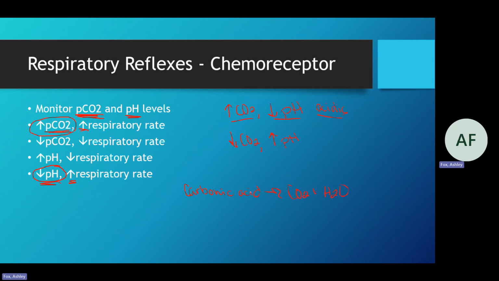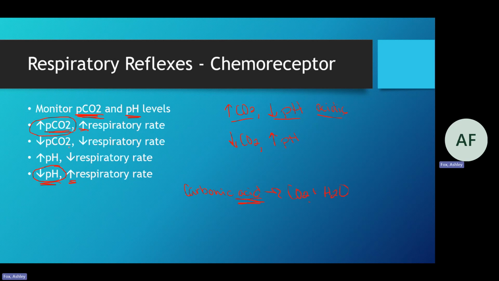This way you're getting less acid in your blood, and you're getting rid of the carbon dioxide by breathing it off. Then it goes into the alveoli and pulmonary ventilation takes over, and you blow it out into the atmosphere. So that's where you would want to increase your respiratory rate.